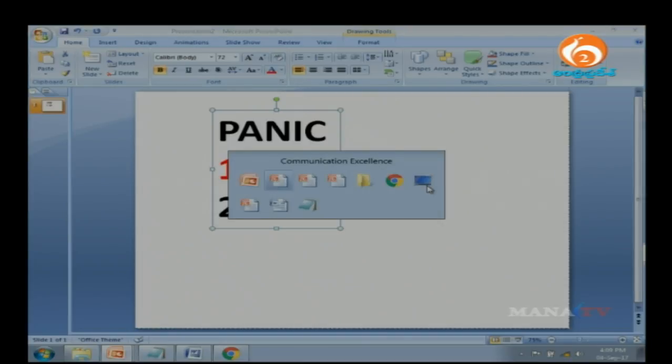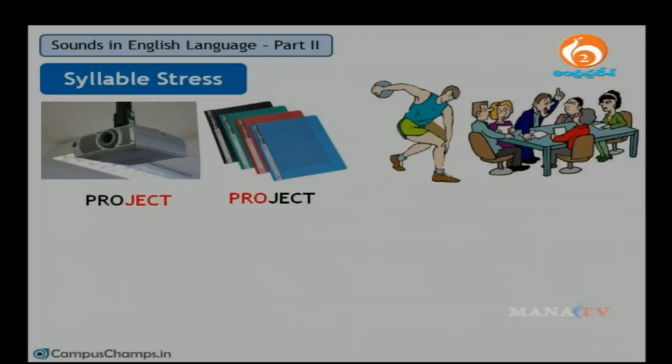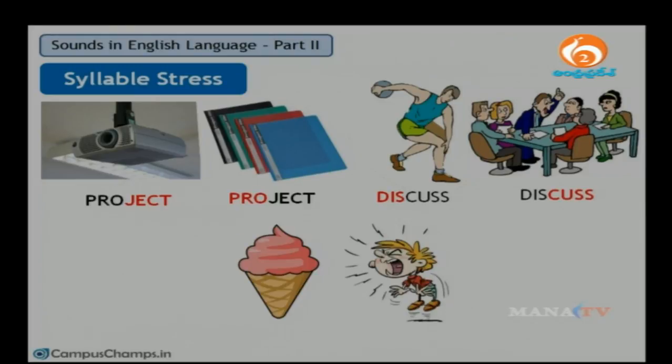Why am I doing that? Are there rules to it? Yes, there are. So let's look at the syllable and syllable stress, how it changes the meaning as well. The first one is project, because I'm stressing on the second syllable, and the second word is project. So either I say project or I say project, there is a difference.